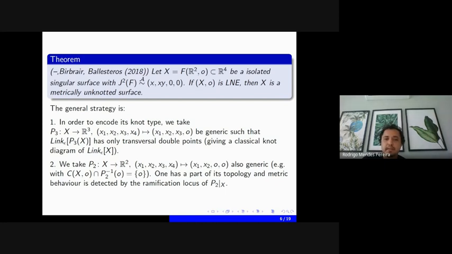This means that the kernel of the projection does not intersect the tangent cone except at the origin. In other words, the tangent cone has a good position with respect to this projection. If we take the projection in this way, then a part of the topology and the metric behavior can be detected by the ramification locus. It's a classic strategy in some sense.